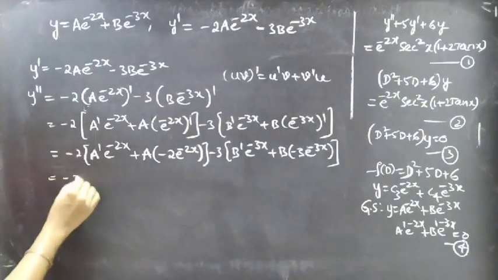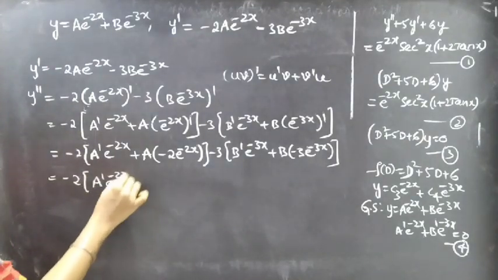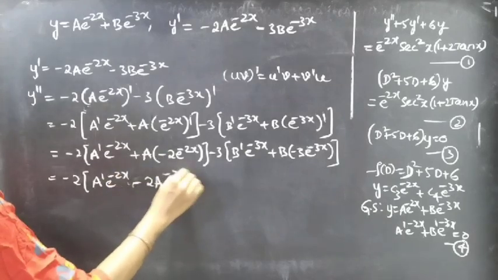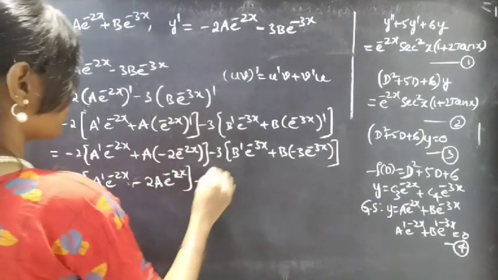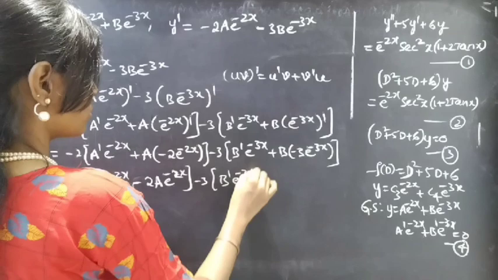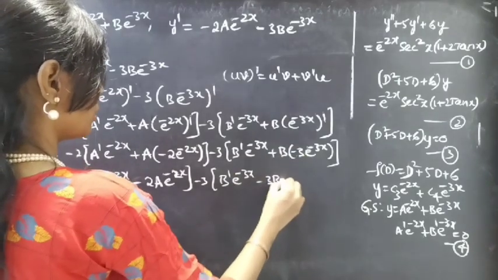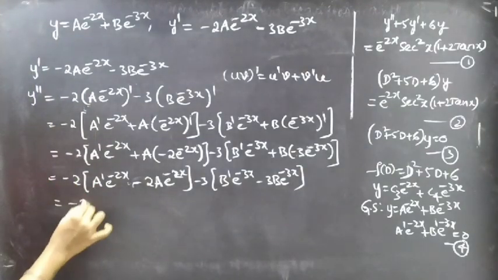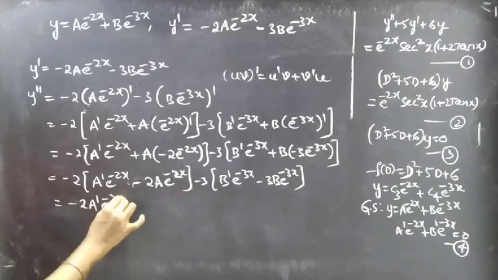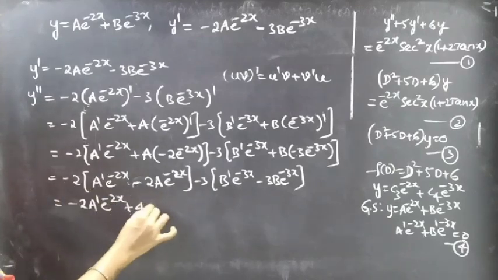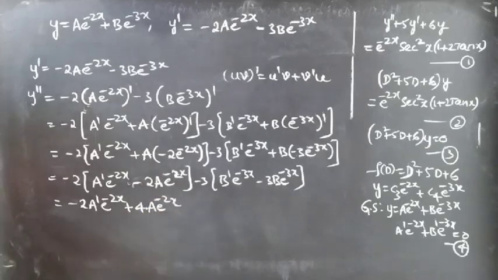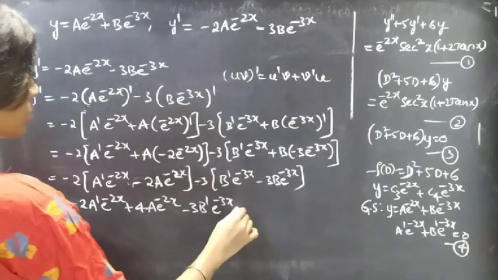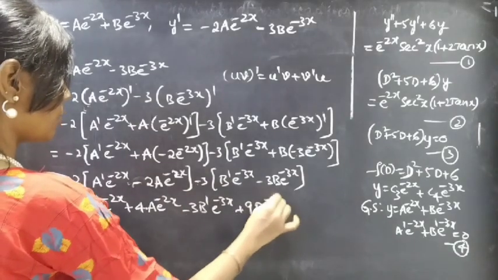This gives us minus 2 of a dash e power minus 2x plus a into minus 2 e power minus 2x, minus 3 of b dash e power minus 3x plus b into minus 3 e power minus 3x, right? This gives us minus 2a dash e power minus 2x plus 4a e power minus 2x minus 3b dash e power minus 3x plus 9b e power minus 3x, since 3 threes are 9.